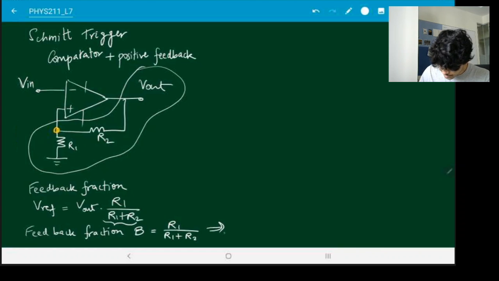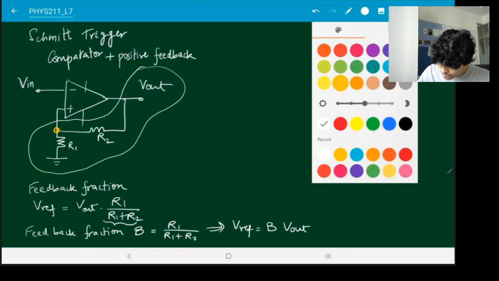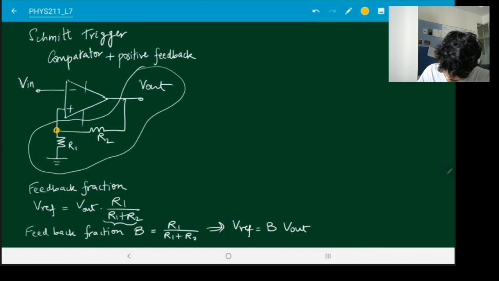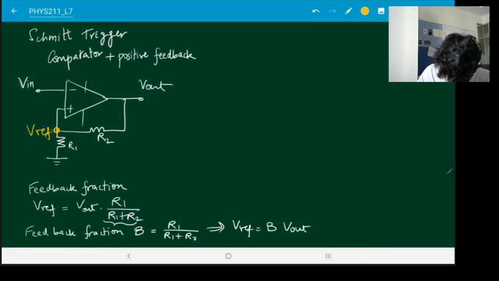So from here we just say that Vref is just B times Vout. So every time the input voltage is going to be compared to this reference output voltage.